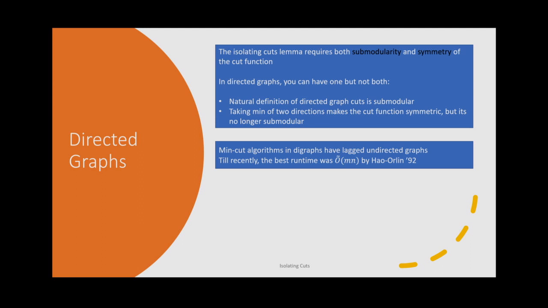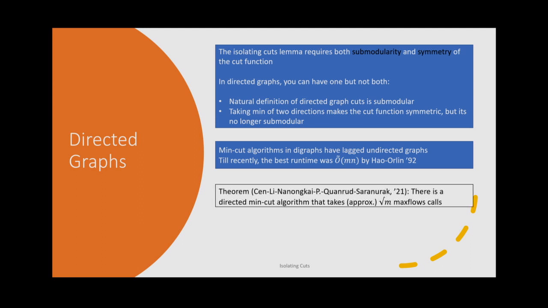And as I told you, for undirected graphs the running time already became near linear in the mid 90s. So there was a gap of n. We had a result a few years back that does a little better. Instead of m times n, roughly speaking it takes square root of m max flows. So with the current max flow algorithms it gets about m to the 3 halves. It gets a little better than m times n, but really not satisfactory at all.